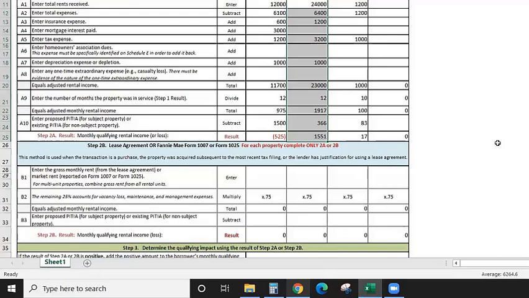Or they might tell us, okay, the tax return has not yet been filed for the previous year, I took the extension. In that case, they might give us the lease agreement. Those are also acceptable if they can prove 2 years of history with the lease agreement. That is fine. Or if the property has been purchased only recently, then that could also be fine.